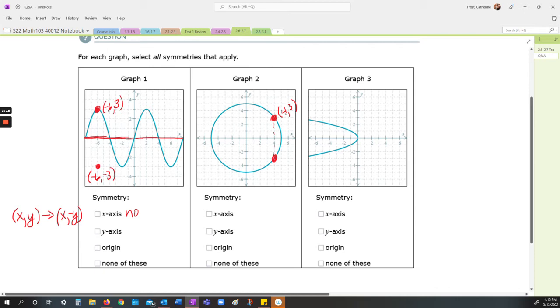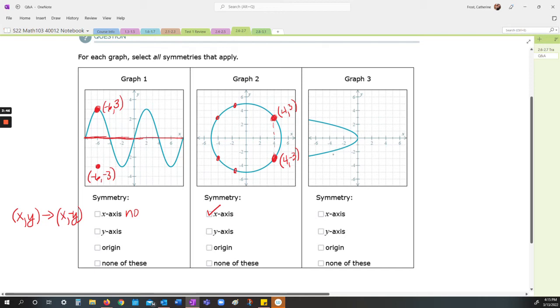And so it should be 4, -3, and yep, that looks like what we've got. And if we pick any other point on this circle, we're going to get its corresponding point right directly across from it. If we reflect across the x-axis, we're going to get a corresponding point. So this one is symmetric with respect to the x-axis.